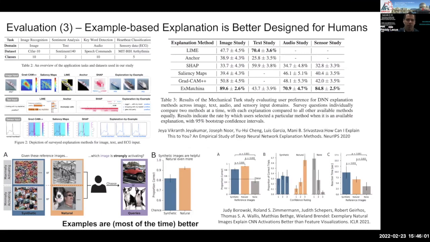You see on the table on the right different techniques, different kinds of data, some image, text, audio data, and different techniques. And the last one is the one that provides examples.